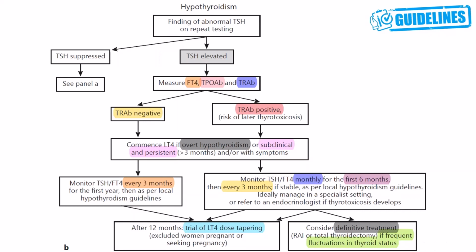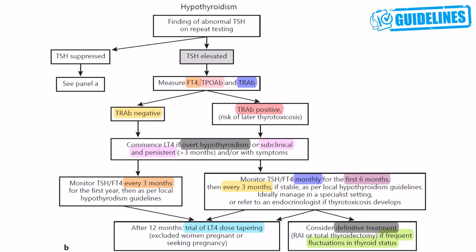But don't forget, before stopping levothyroxine, we should exclude pregnancy or a female seeking pregnancy, because the target of the TSH in this situation is less than 2.5. And of course, we should consider definitive treatment by radioactive iodine or thyroidectomy if there is frequent fluctuation in the thyroid status.